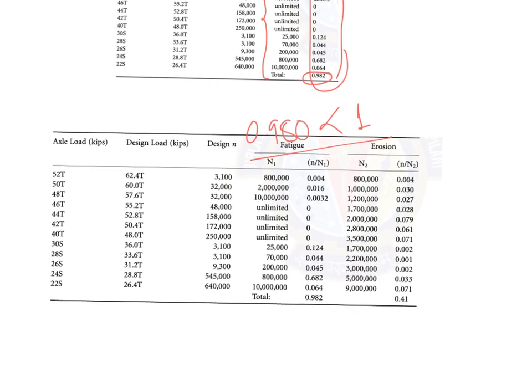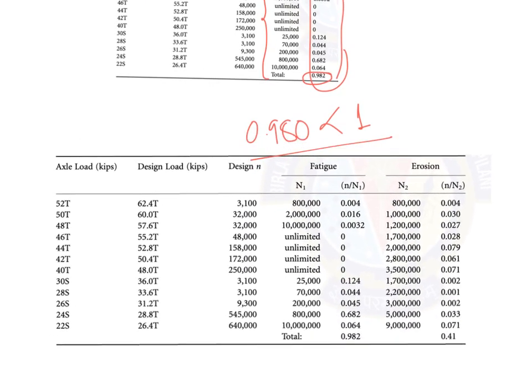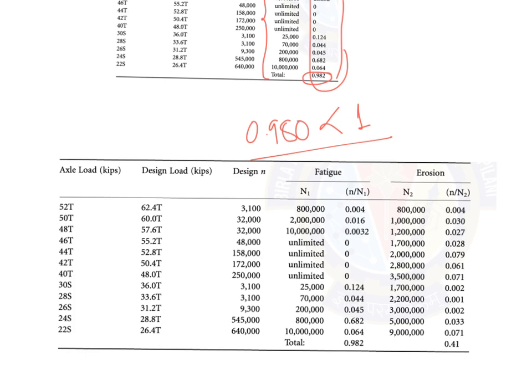So for both fatigue as well as for erosion, this D or damage factor is less than 1. That means 9.5 inch thickness of the slab is satisfactory for this pavement requirement.